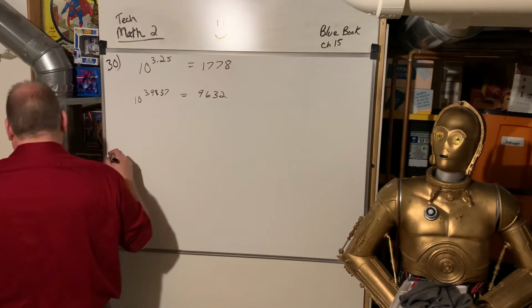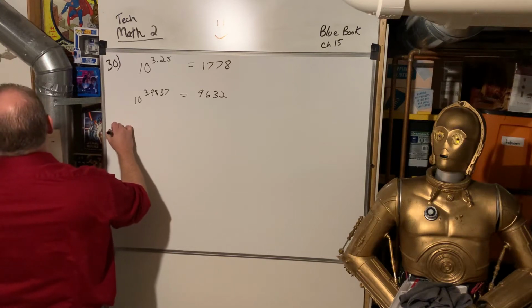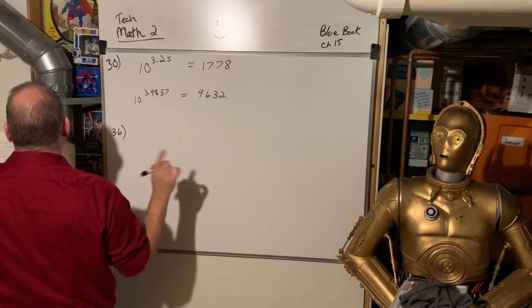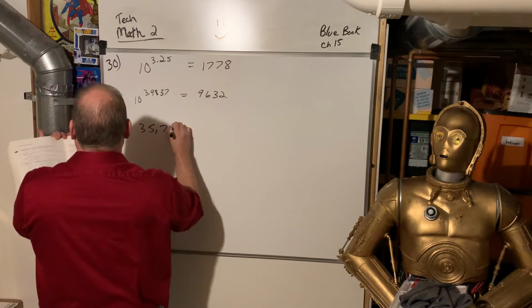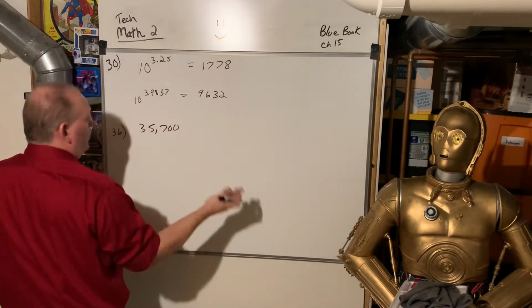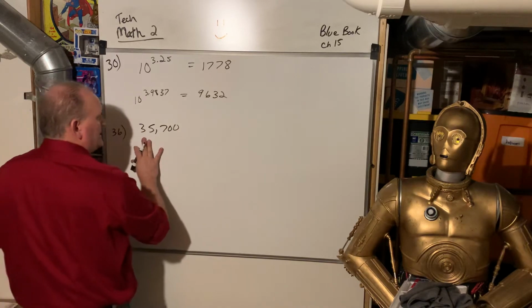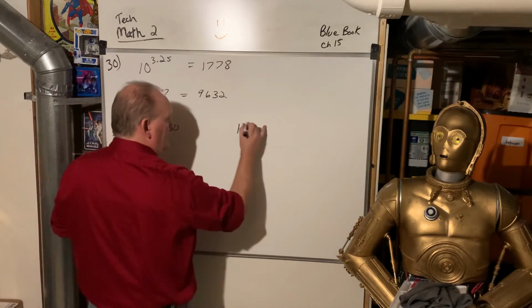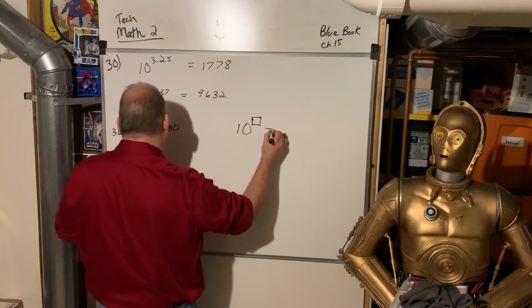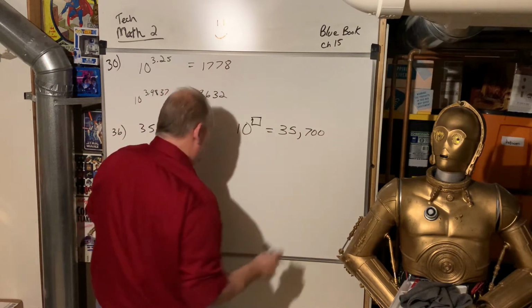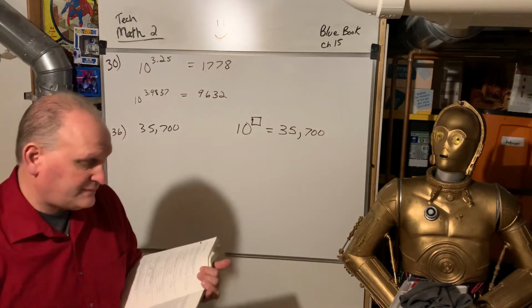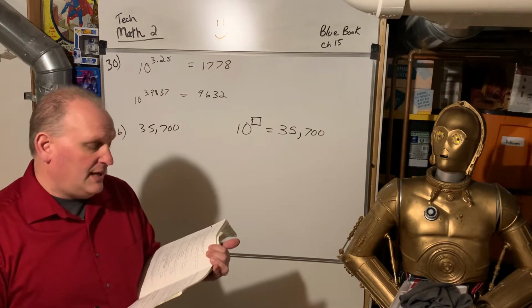All right. Then 36. This one is a little tougher. So 35,700. They want to know 10 to what power will give me this. So 10 to some power gives me 35,700.